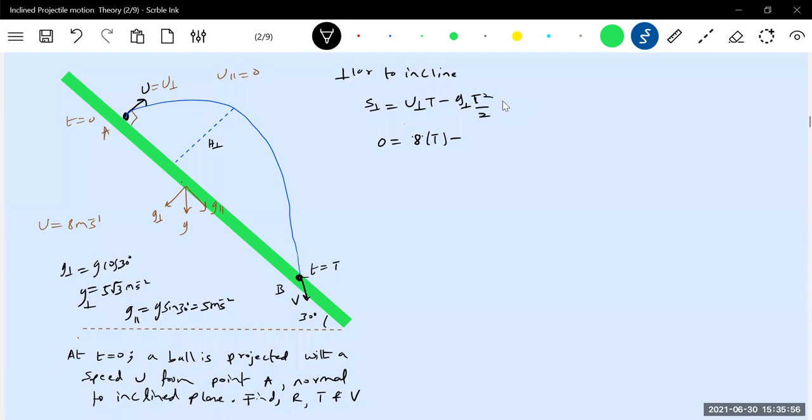Okay, g perpendicular will be 5 root 3 by 2. T square we don't know, let it be as it is.